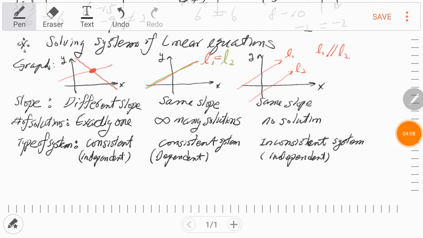Okay, when we solve a system of two linear equations, the graph is one of these three. The first type is two lines that intersect at one point.